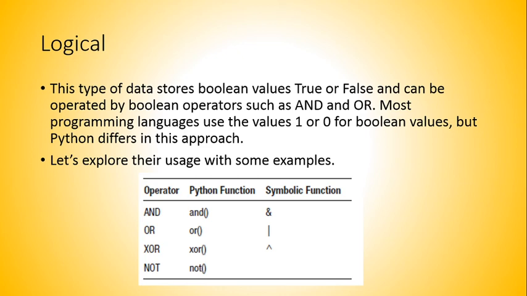As you can see, there are four types of operators: and, or, XOR, and NOT. The Python functions related to each are provided in this table. The symbolic functions related to each Python function have also been provided in this table.